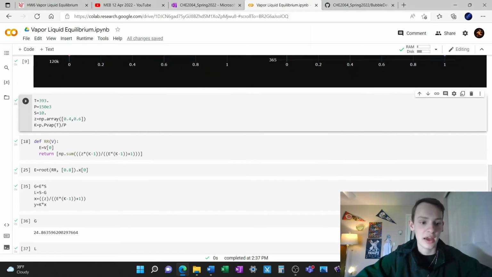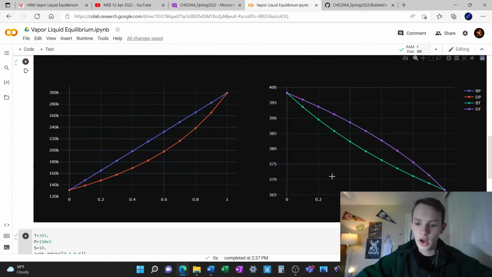For us, we had 4 moles per second as the flow rate of benzene, which would be our more volatile component. So we're at 0.4 on the x-axis for both of these plots, actually. We can take a look at the bubble pressure and dew pressure curves on this one at a constant temperature of 393 Kelvin. So we're at 150,000 pascals.